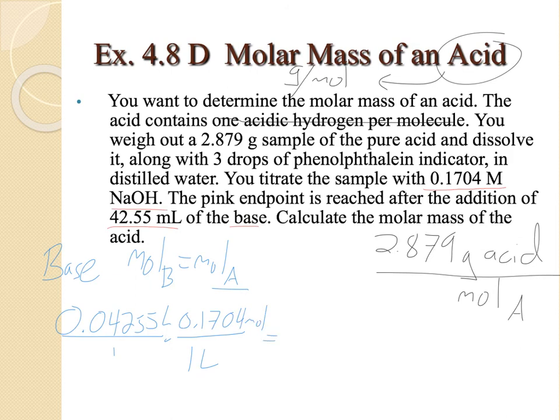And that's going to be my base moles, 0.00725 moles of the base, which comes over here, and that is also the moles of my acid. So that's the real power of that. And then when I take my grams divided by moles, that's a molar mass, grams over moles, we get 397.1 grams per mole.